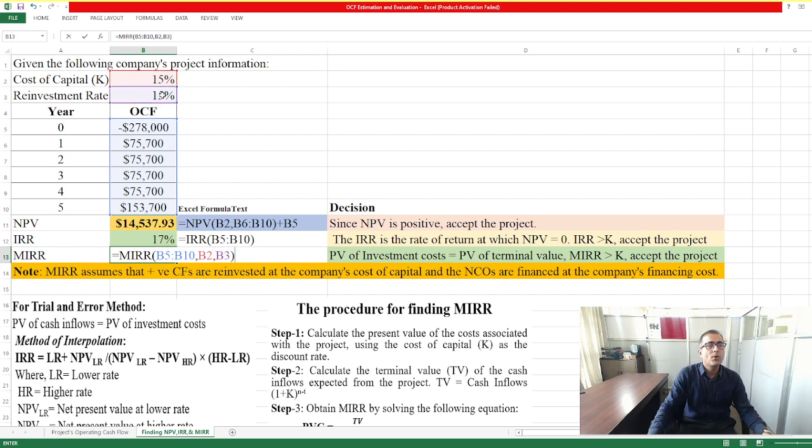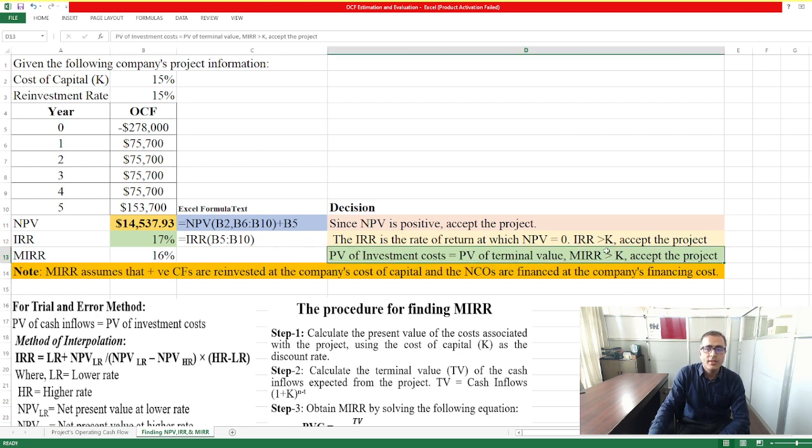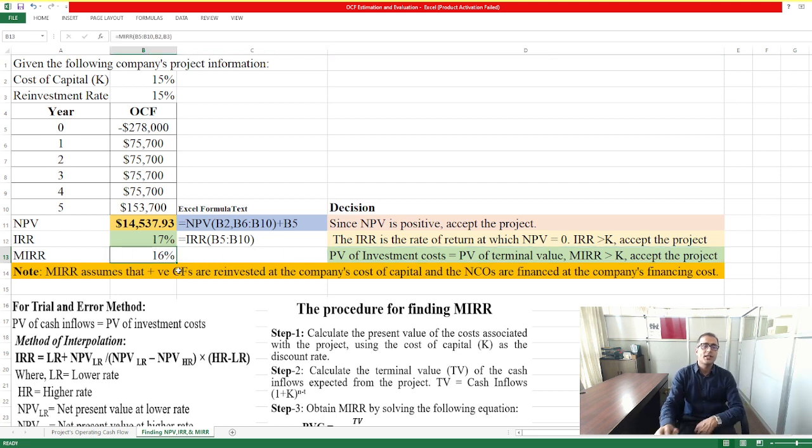You have to be careful while using your values, because the modified internal rate of return assumes that positive cash flows are reinvested at the cost of capital, and the initial investment or net cash outflow is financed at our financing cost. Okay. Now you see that MIRR is 16%, which is higher than the cost of capital. Again, based on this MIRR approach, we also say that this project is good. We accept the project.